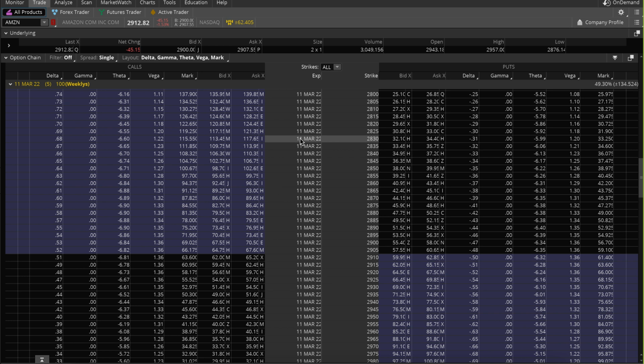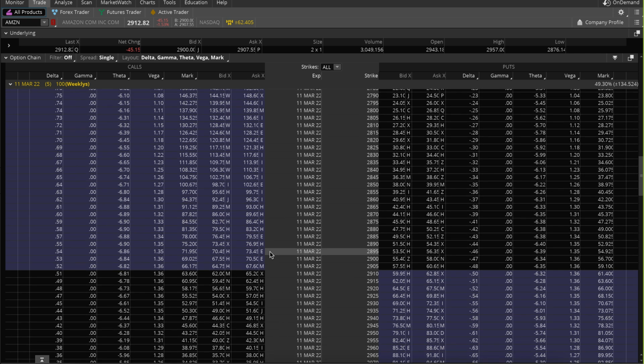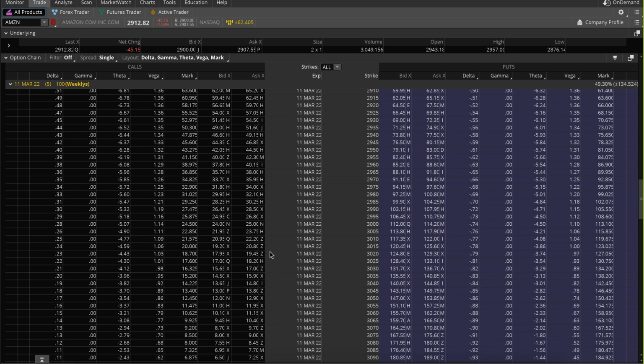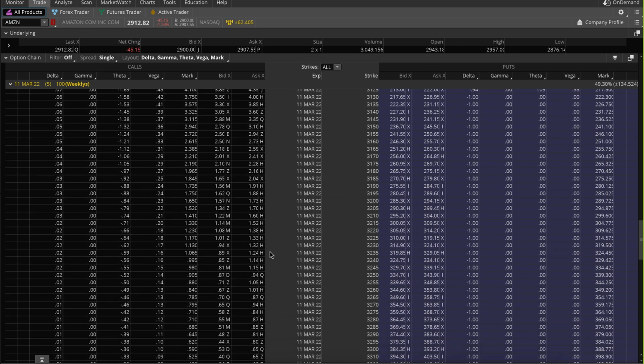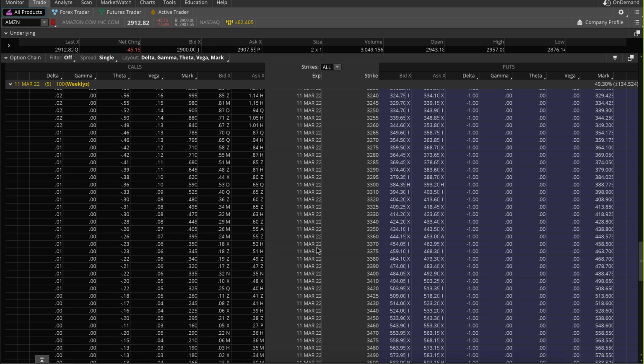The first thing I'm going to show you: we're thinking 3,400, but I'm going to find a strike price slightly below that, something like 33.70. As you see, these are very cheap, because what are the odds of Amazon appreciating by this amount within 5 to 7 days?